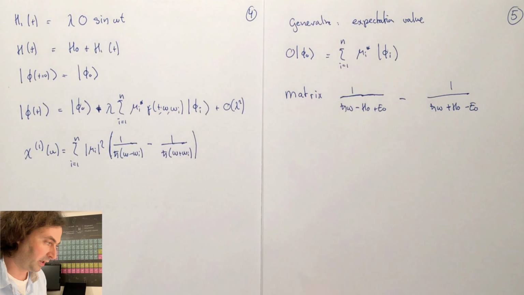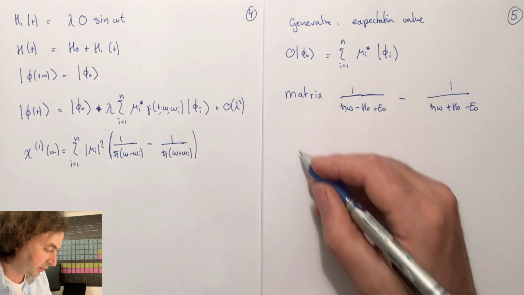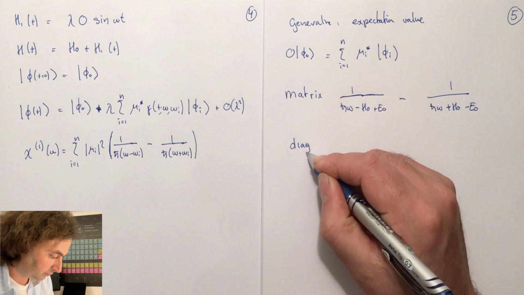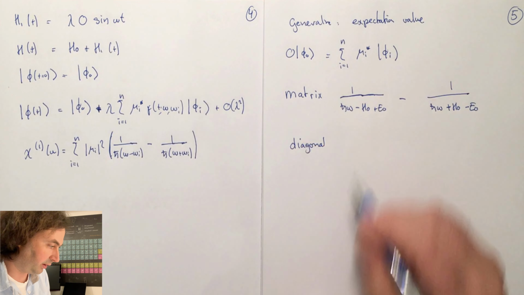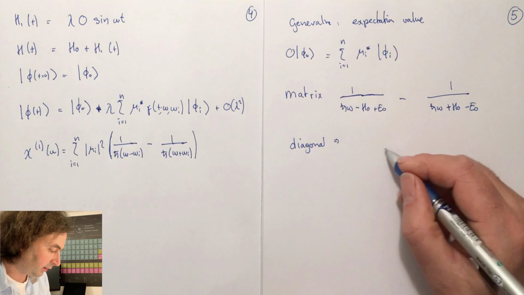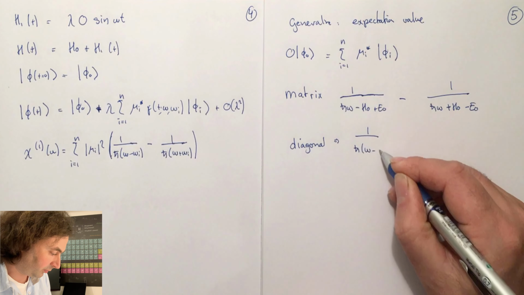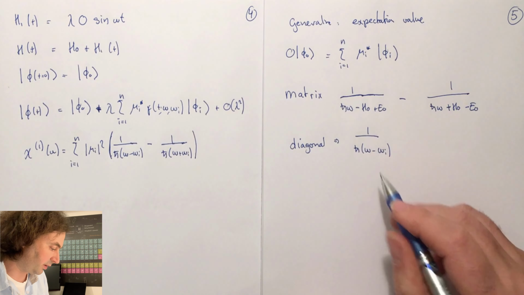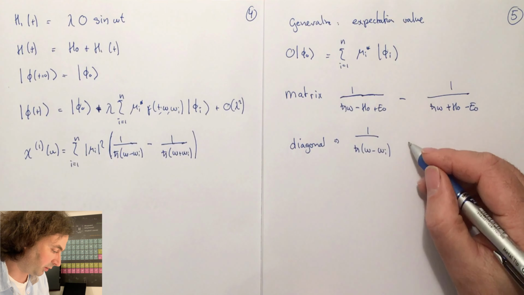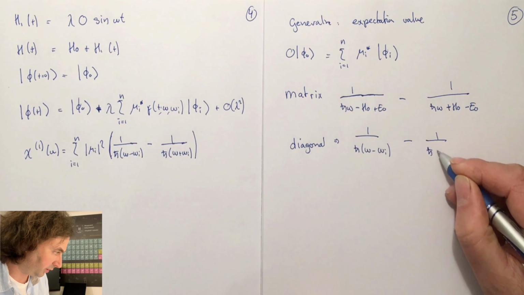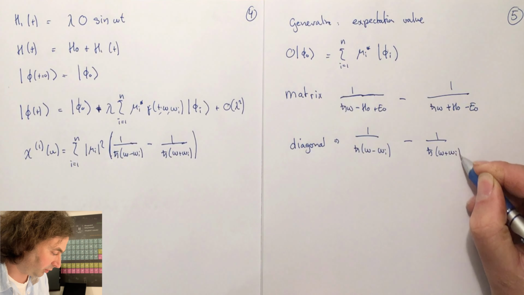So this is an n plus 1 by n plus 1 matrix. This matrix is diagonal, because our Hamiltonian is diagonal, and the diagonal entries are just the eigenenergies of our system. So on the diagonal you find h bar omega minus omega_I, minus h bar omega plus omega_I.